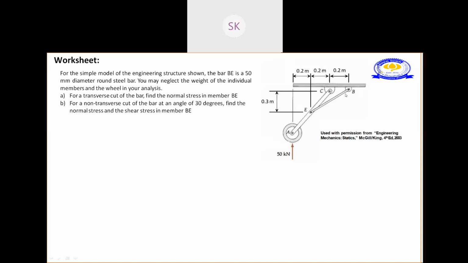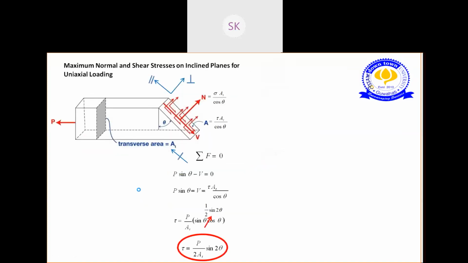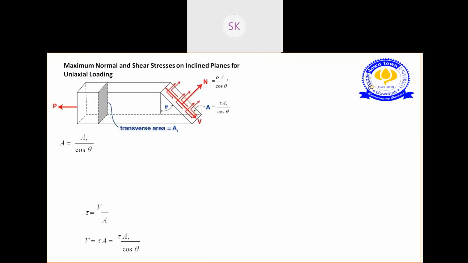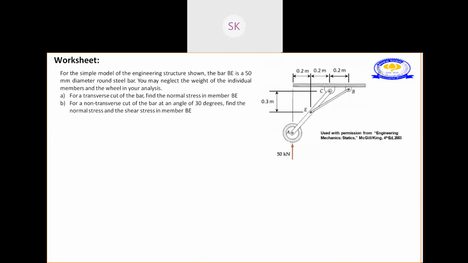Remember, I have given a truss, I have taken out a member, then I have cut that member. Simply they have given you a structure and asked you to find the normal stresses on this member only.